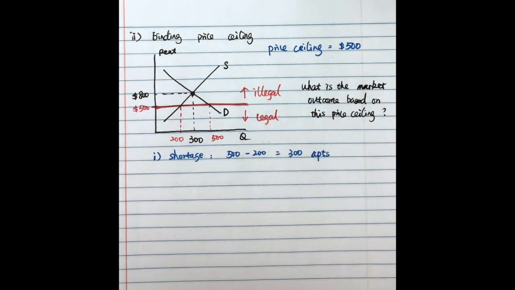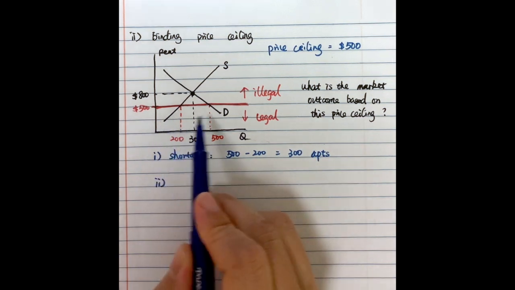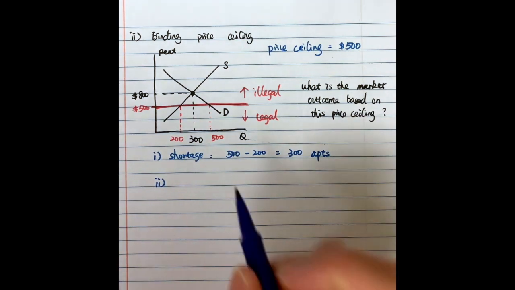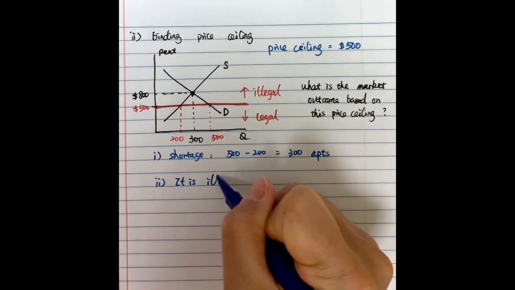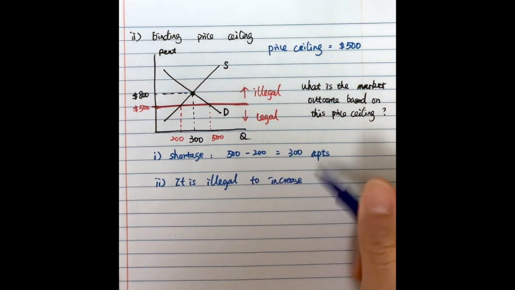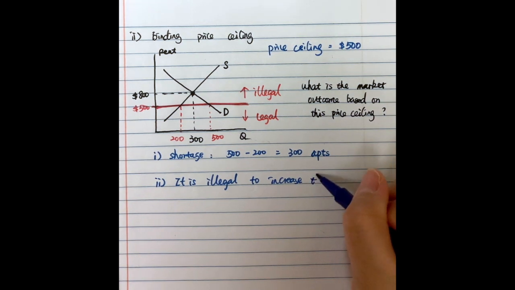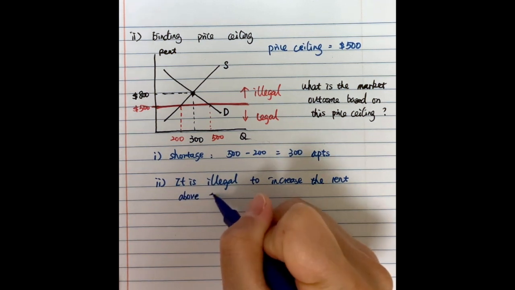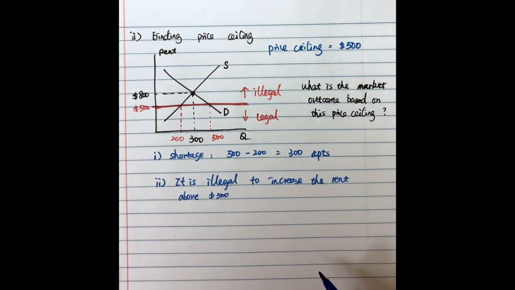But when there is a shortage, it's illegal for the apartment owner to increase the price. It's illegal, okay? Therefore, in this case, this is the maximum rent. 500 will be the maximum rent that can be charged for the apartment. Therefore, it is illegal to increase the rent above $500.